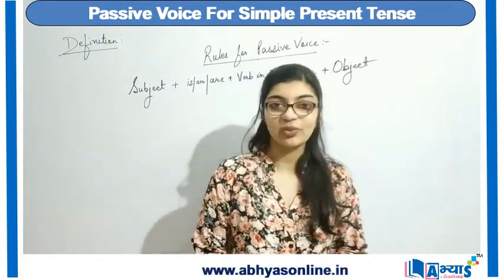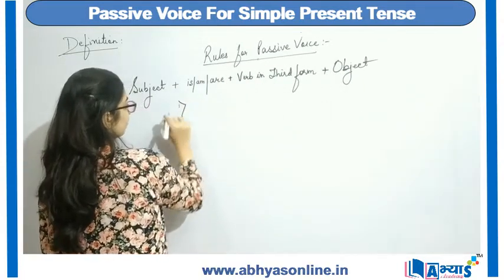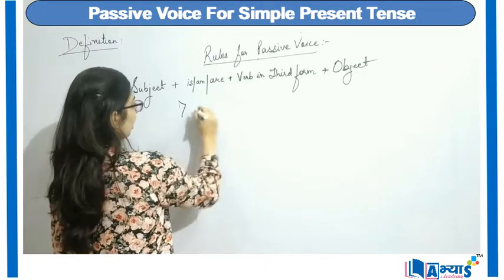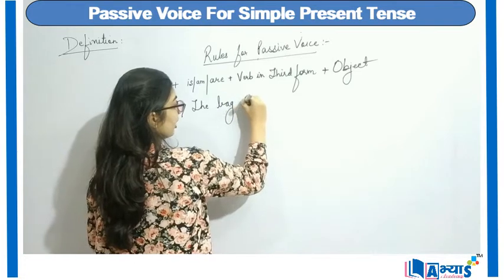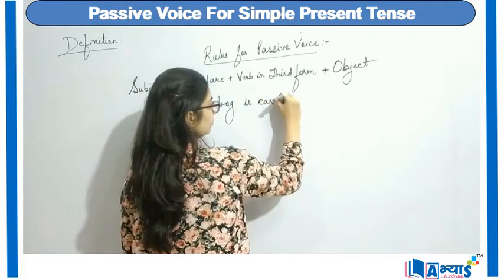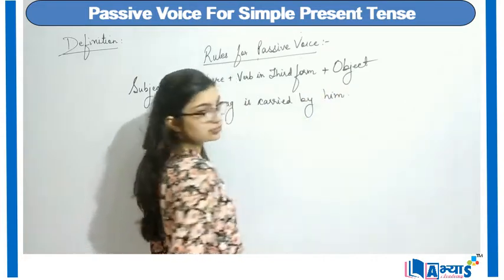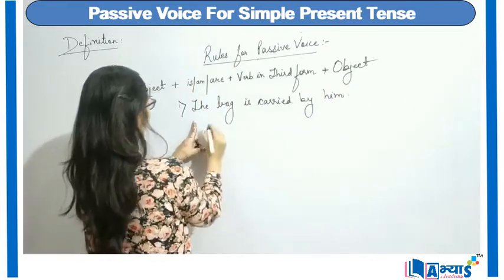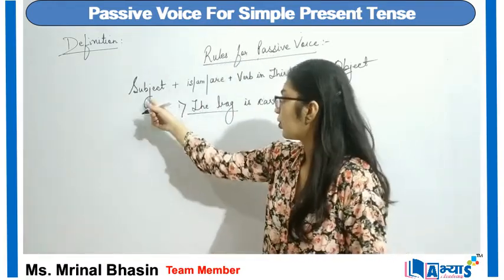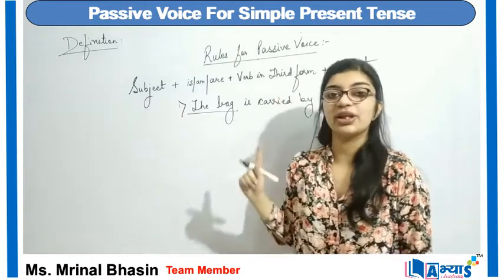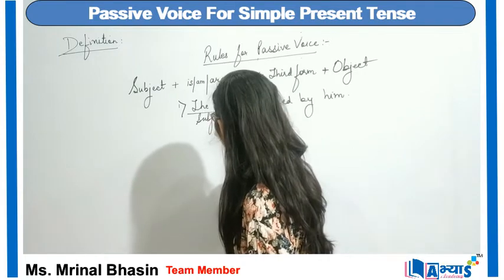So let me explain with an example. I say, the bag is carried by him. Right? Now over here, the bag is my subject, because the sentence should begin with the subject.